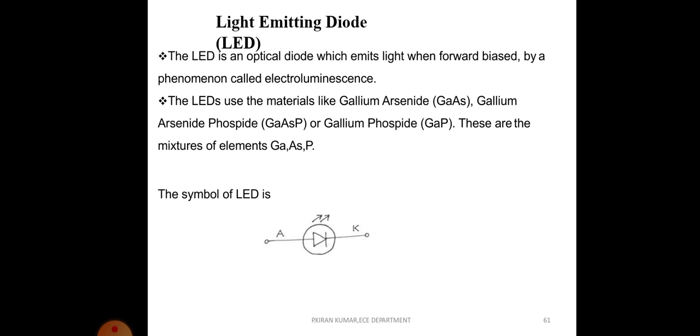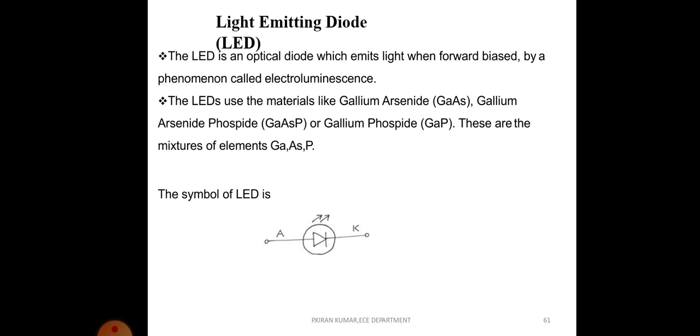Generally, gallium arsenide we are using for a red LED, and gallium phosphide we are using for green and blue. Among these three types of LEDs, the forbidden gap is more for the blue LED.